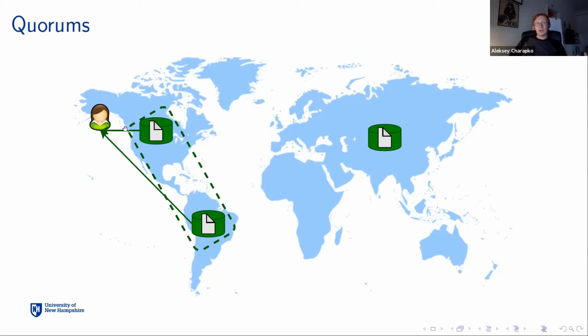So this client will now need to read from 2 sites instead of just 1 site. So we can trade off write latency: we can improve write latency at the expense of making read latency higher, because now we have to reach an additional site that may be located further away.